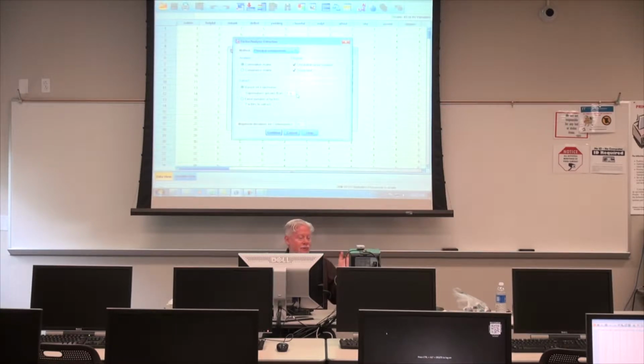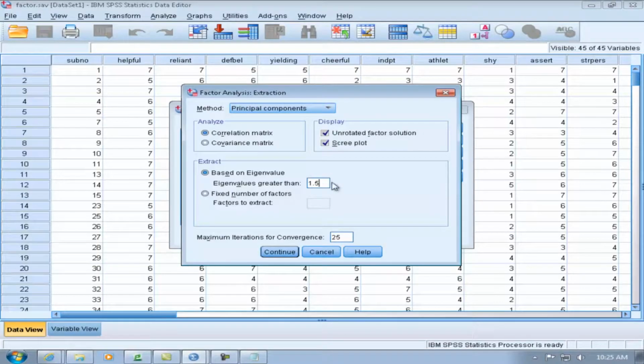It won't work out exactly that way, but it gives you a little rule of thumb. And you're striving for parsimony, and we also are going to have to look to see if these factors make sense, if they have theoretical sense in terms of comprehending, do they make theoretical sense in their loading? So now I'm going to click on Continue again here.